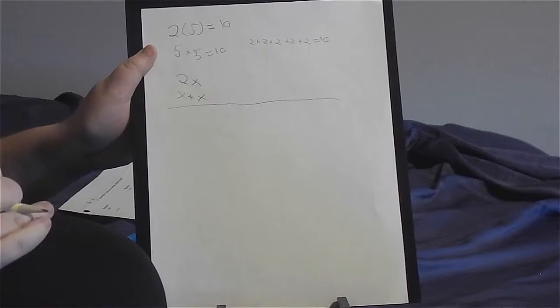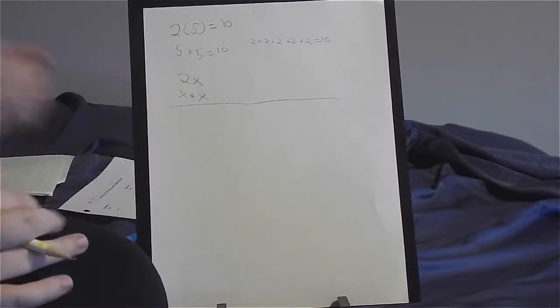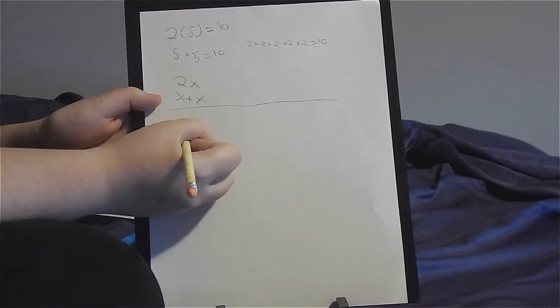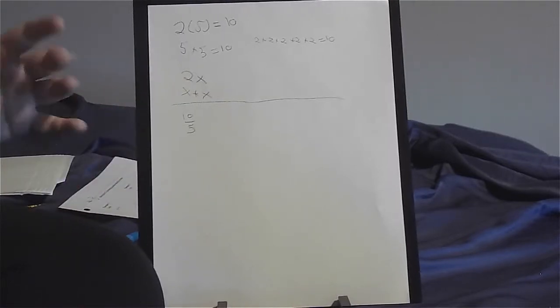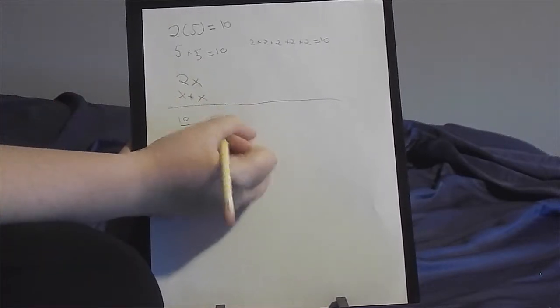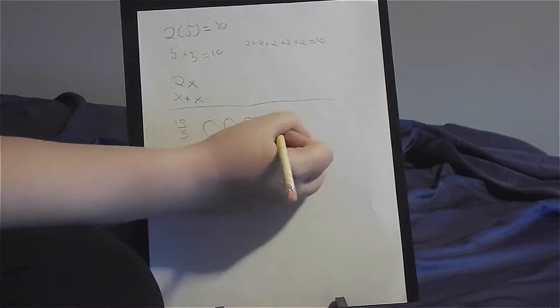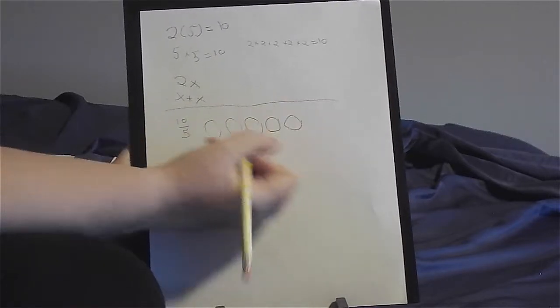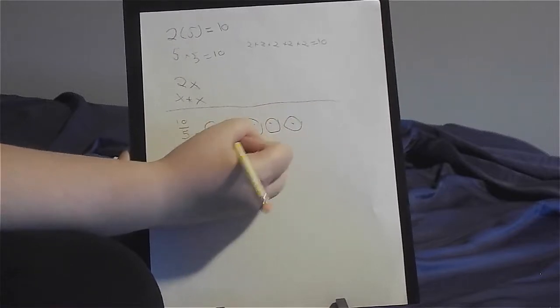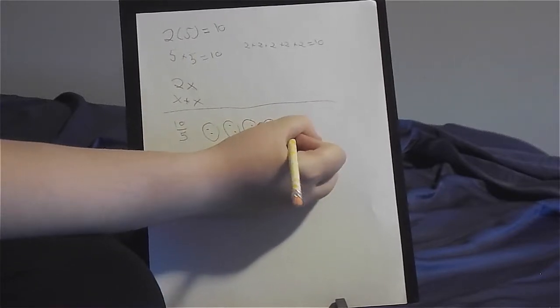Division is also multiplication. It's just backwards multiplication. So if I say 10 divided by 5, it's like saying I have $10 and I'm dividing it amongst 5 people. So if I think of 5 little buckets, I have 10, 1, 2, 3, 4, 5, 6, 7, 8, 9, 10.